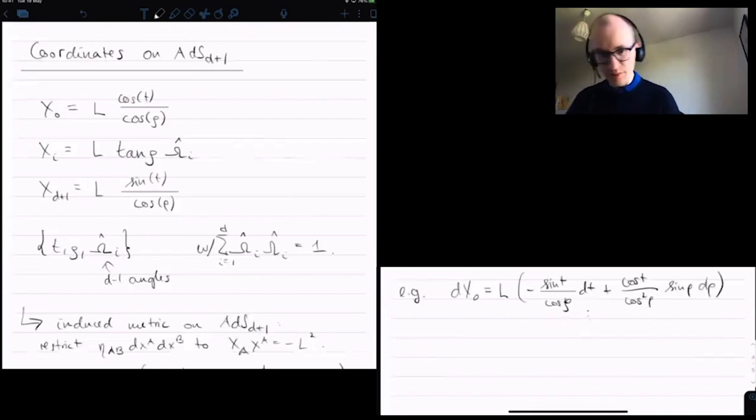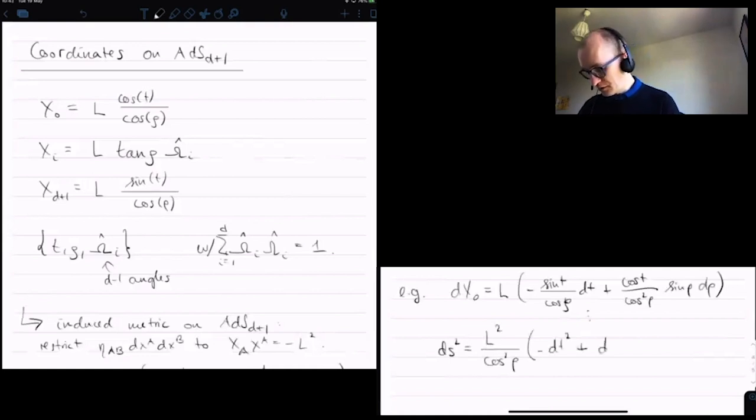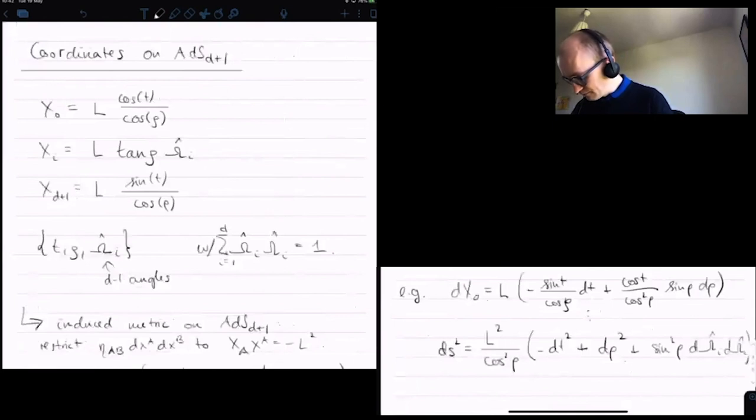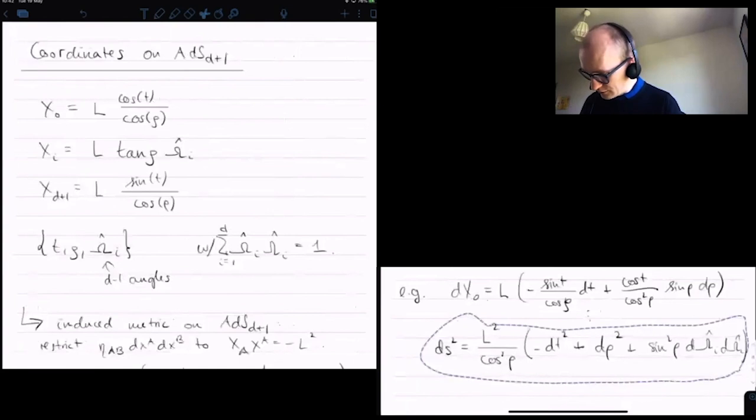And you do the same for all the other coordinates. You plug it into the flat metric, and what you find is, after some simplifications using trigonometric identities, you get L squared divided by cosine squared rho times minus dt squared plus d rho squared plus sine squared rho d omega I d omega I. And that is an equation that I wanted to put in a box.